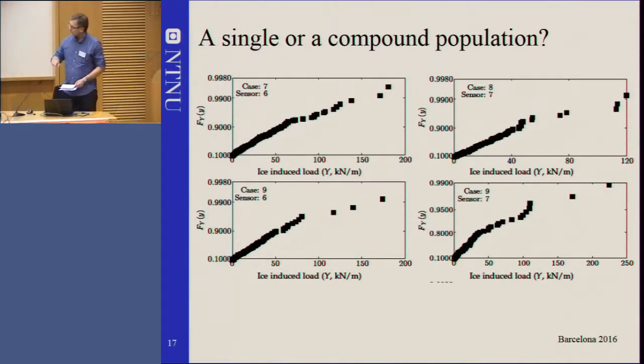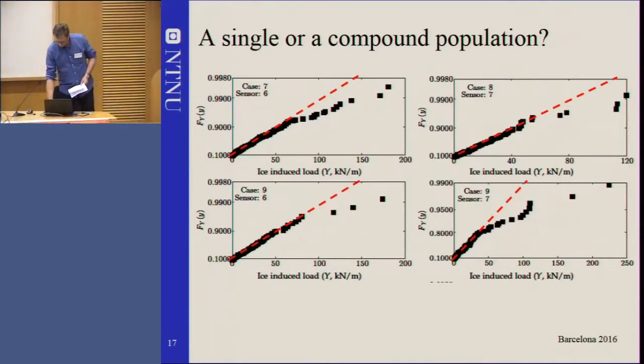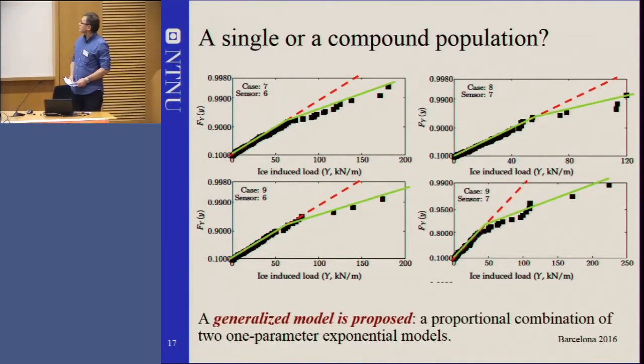So it is like a breaking point where you have a change in the slope of the distribution. Traditionally, people have been using one-slope curves, Weibull or exponential distributions, but we found if you have a 2-parameter exponential or 3-parameter with 2 slopes and a mixing coefficient, then you get better agreement with the observation. So this is what you see with the green line here.